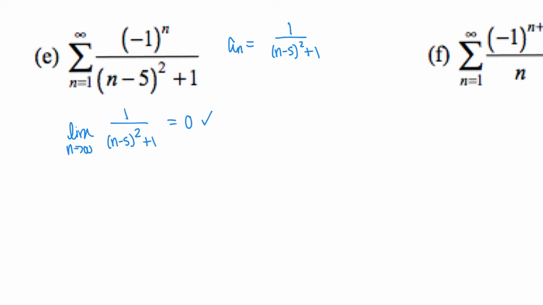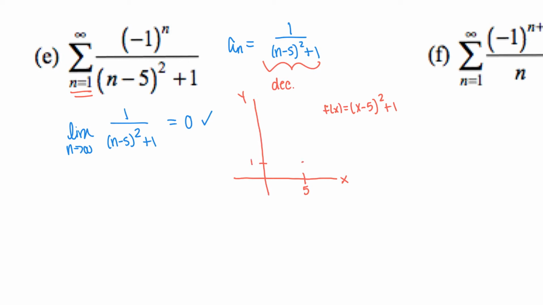But now I need to check and say, is this decreasing, starting with n equals 1? If I think about what that denominator is, it's a quadratic. If I think about this like a function, if I was going to graph f of x equals (x minus 5) squared plus 1, I have a quadratic with a vertex at (5, 1).